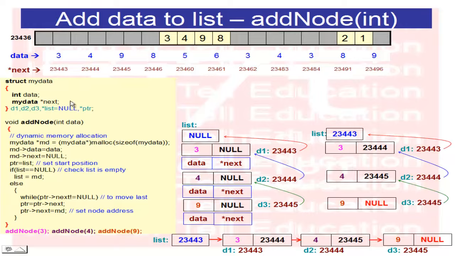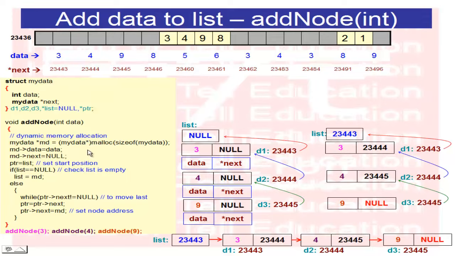So what is the default value of list? List default value is null, means I have no list of any numbers. So the first time the list is empty, so I check list equals empty, so list is assigned md. Okay, means the dynamic memory allocation variable md address is assigned to list the first time.